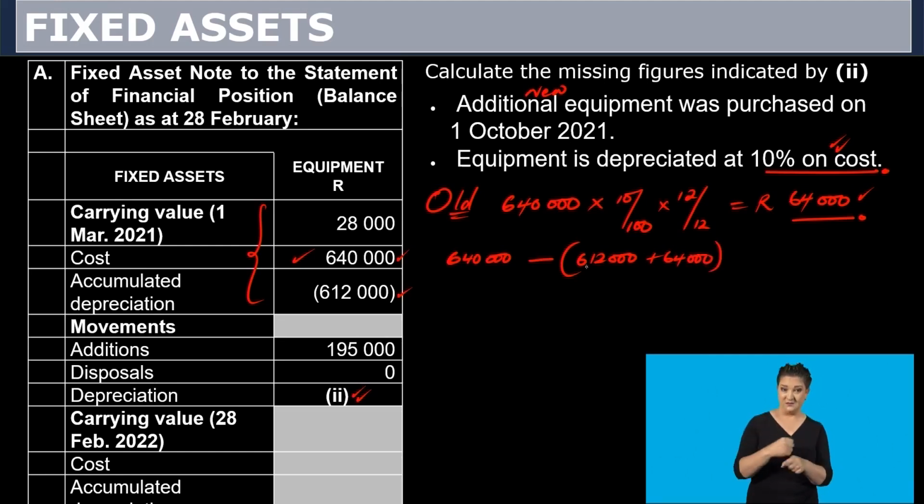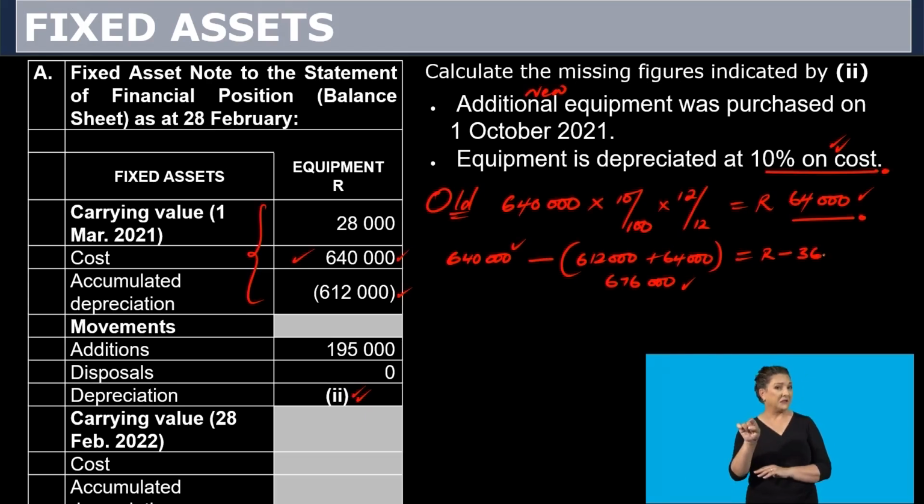That would mean if I say 612 plus 64, that is going to give me 676,000. So I would be saying cost 640 minus accumulated 676. I'm going to end up with a negative 36,000. There is a problem.